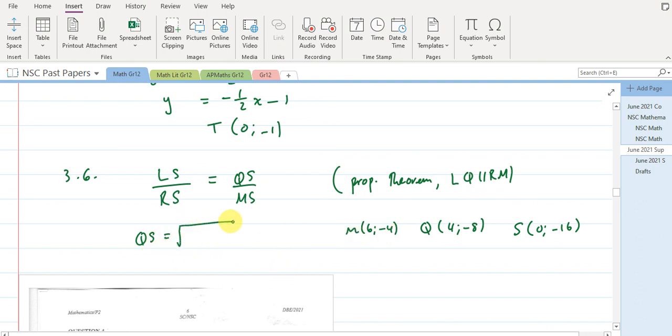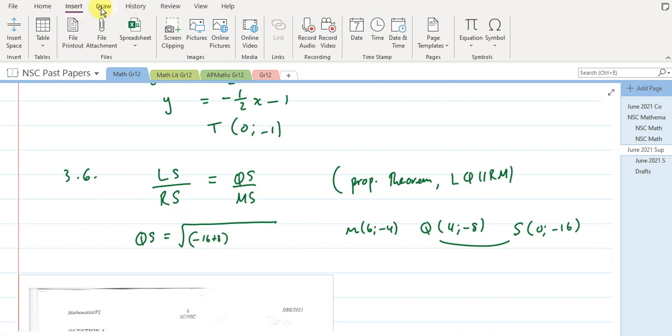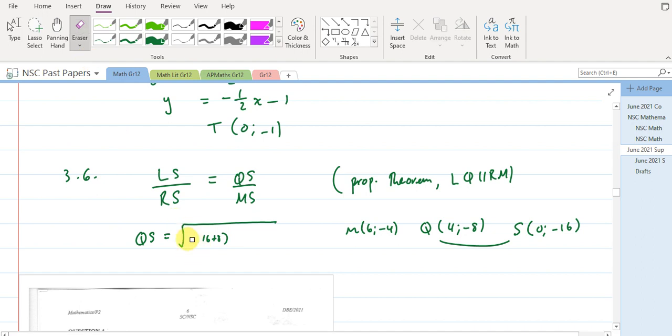QS is the square root of, distance formula, okay, let's use x2 minus x1.